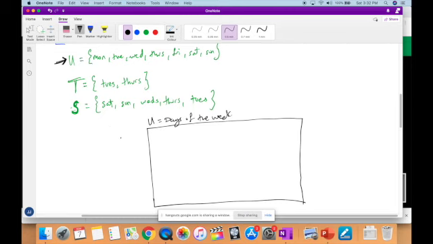Friday. Monday. So Monday and Friday are not in T and not in S, so I have to write them first. They're in the universal set, but they're not in T and they're not in S.